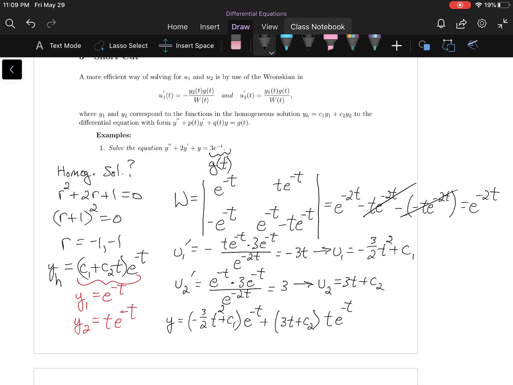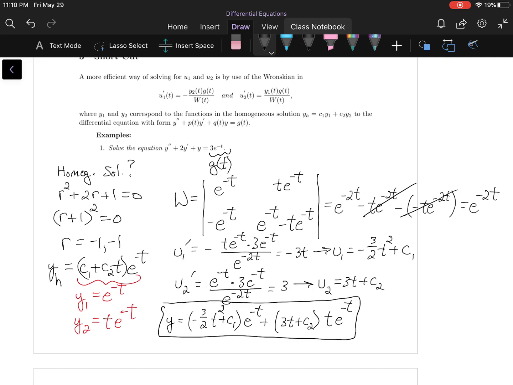And that is our final solution. There is some simplification that could be done because you have a t squared on the left, you have a 3t times another t, so a t squared on the right, but it's not a required step. And there's our answer.